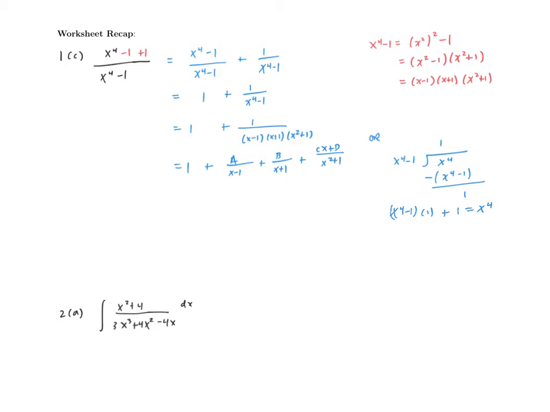And if we divide each and every term by x to the fourth minus 1, we're left with the function that we are hoping to rewrite. So putting this all together, we have 1 plus 1 over x to the fourth minus 1 is x to the fourth over x to the fourth minus 1, which is precisely what we saw earlier.